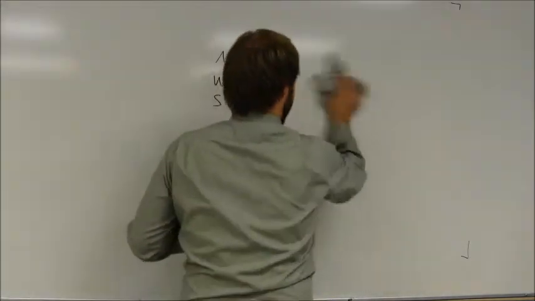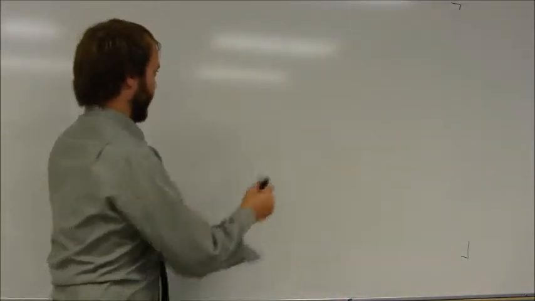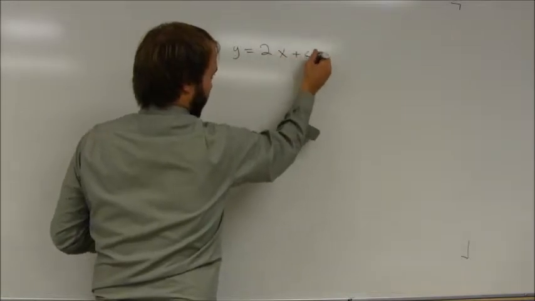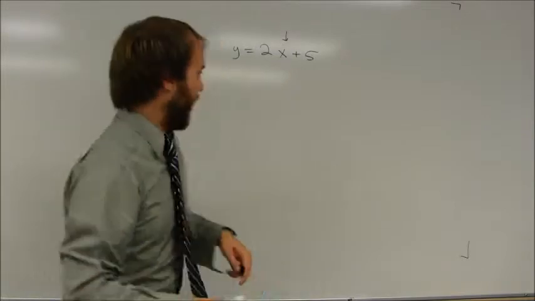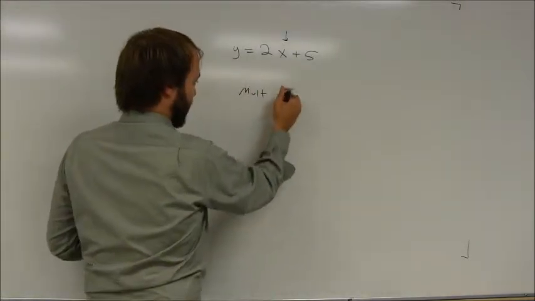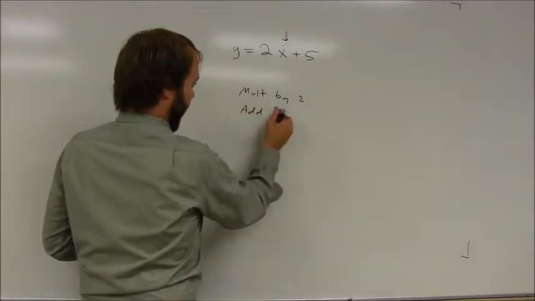From a mathematical standpoint, how does that work? Well, in a simple case, let's say I've got a function like y equals 2x plus 5. You put in an input for x. That value gets multiplied by 2, and then you add 5.